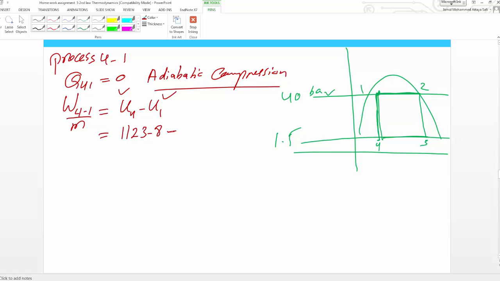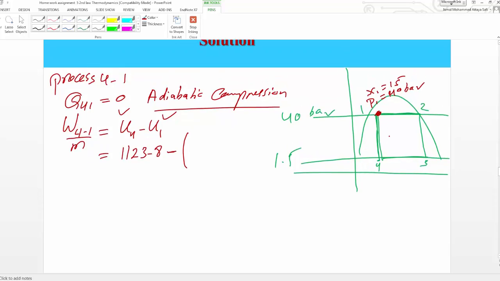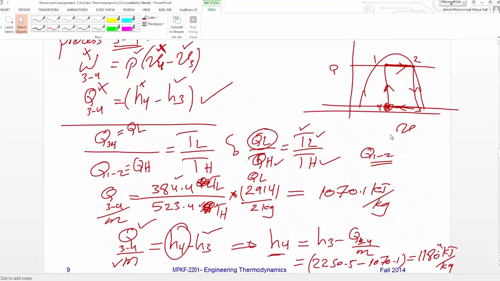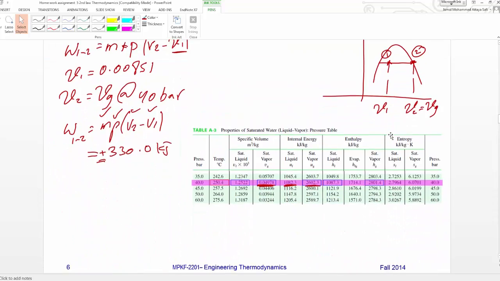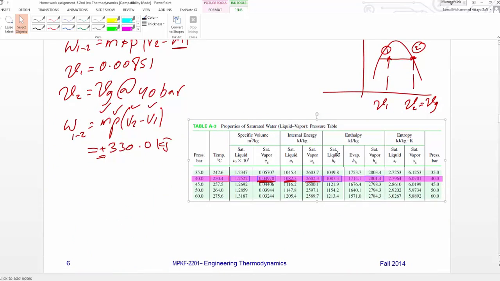I didn't calculate U1, but you know that U1 is, oh, I need to do this. This here is 1. I know X1 is equal to 15%, and I know also that P1 is equal to 40 bar. So I want to go to the table first, just to bring it at 40 bar. This is the table.